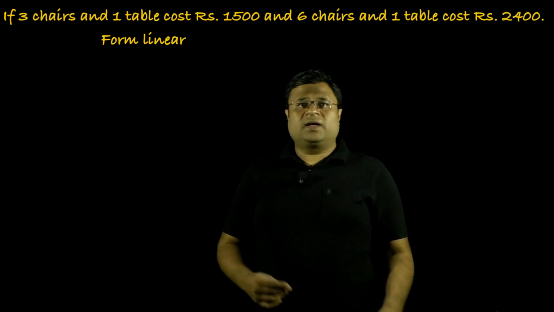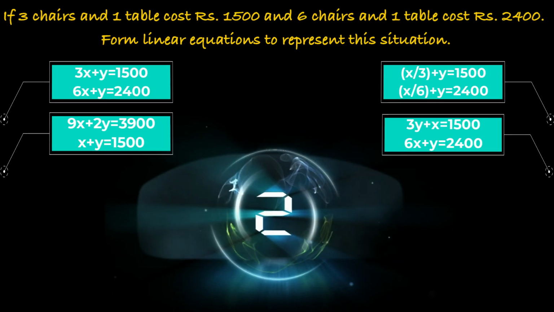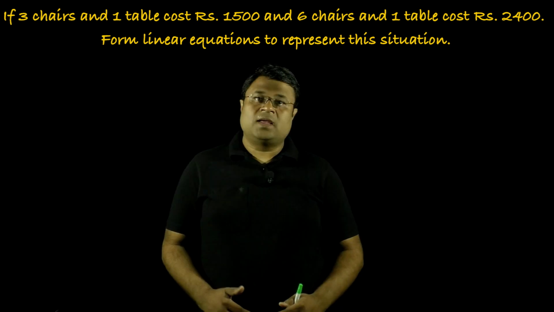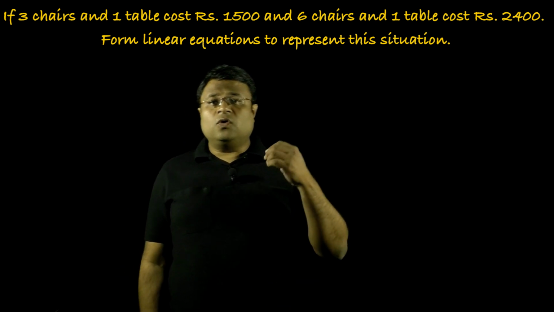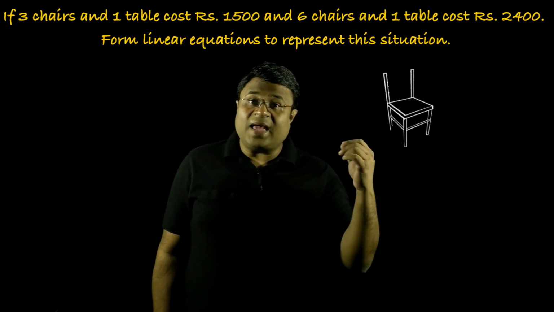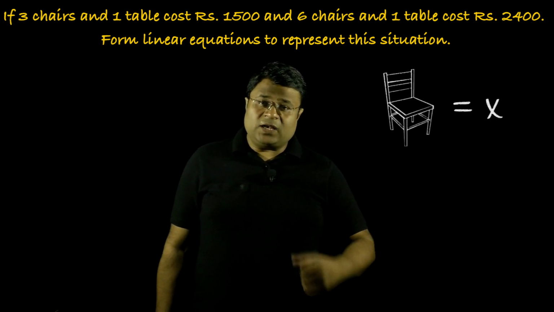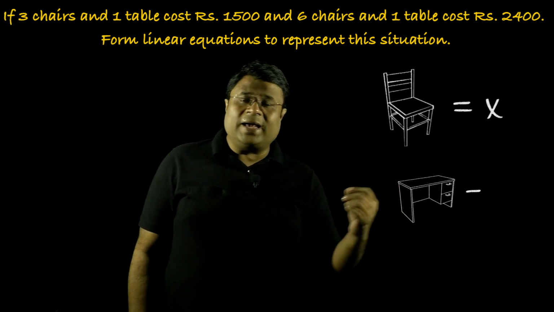Next one is a direct, straightforward question. Come on, let's do it quick. This question is about chairs and tables. So we should say, let the cost of one chair be x, and then you should mention, let the cost of one table be y.